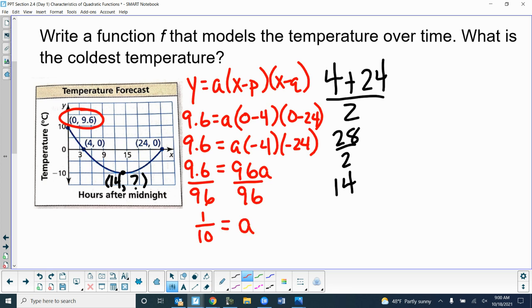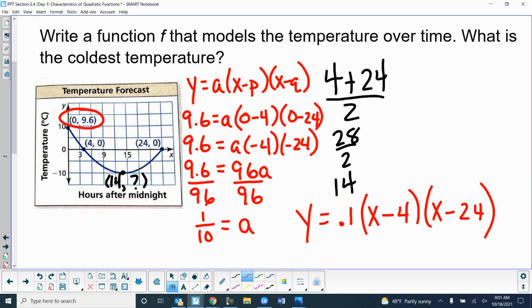Mason, is that right? Do 9.6 divided by 96. Right, so 1/10 or 0.1. You can use the decimal if you want. So here's my equation. Y equals 0.1 times x minus 4 and x minus 24.